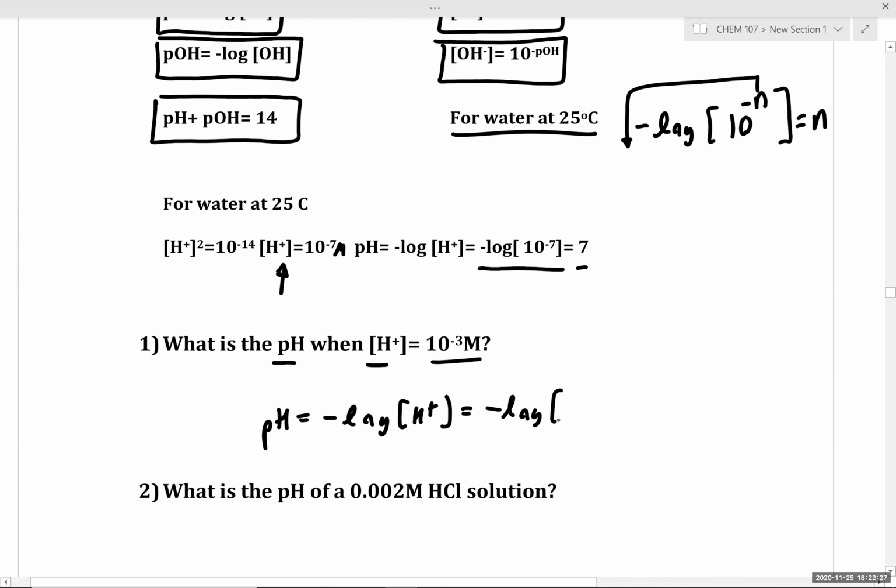So we're taking negative log of 10 to the negative 3rd. Okay, and if we punch that into our calculator, we get positive 3. So we have a pH of 3. In general, a quote unquote acidic solution has a pH of less than 7.